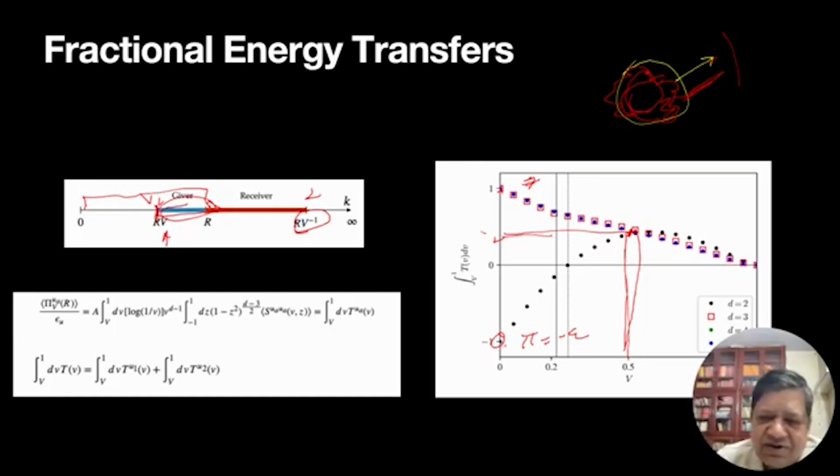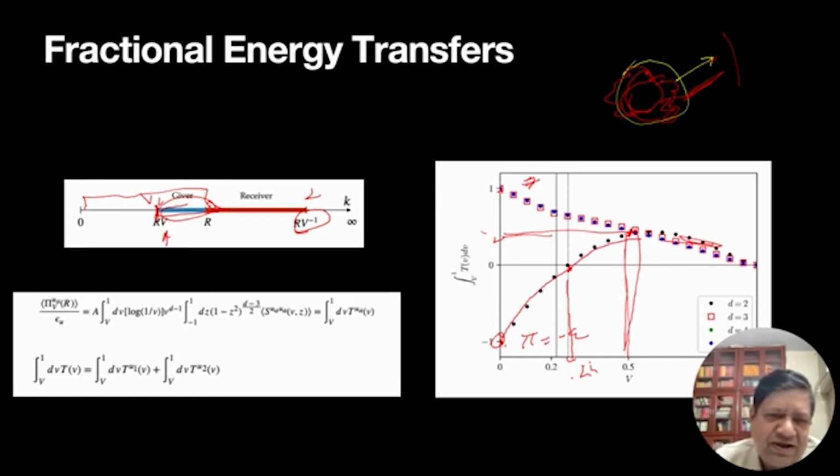So it gives you a detailed picture. 3D is kind of expected forward, but 2D is interesting. It is negative, negative, negative, negative, up to here, and this is around 0.225, something like that. Here it becomes 0, and from this point onward energy is positive.